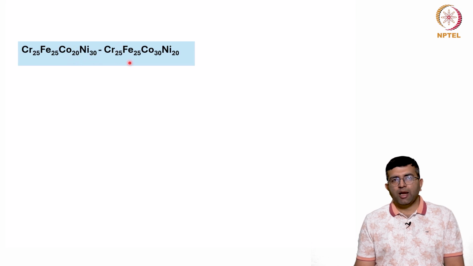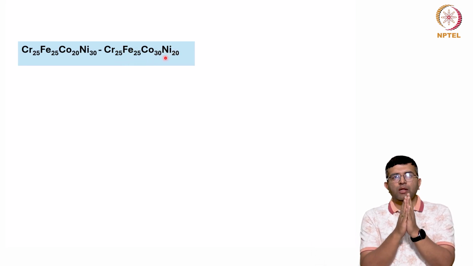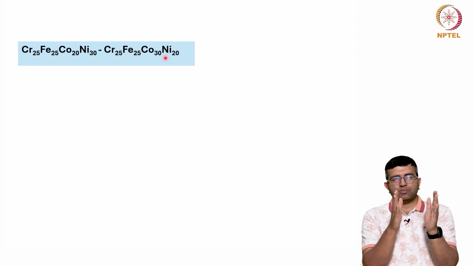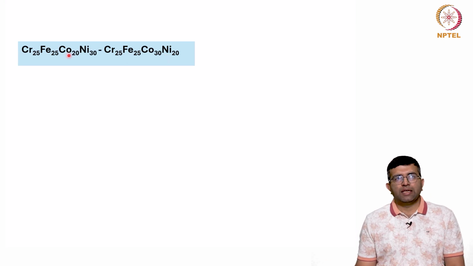In the other end member, it is chromium 25, iron 25, cobalt 30 and nickel 20. When you form such a diffusion couple, the concentration gradient exists only between cobalt and nickel. Chromium and iron on both sides are equal.